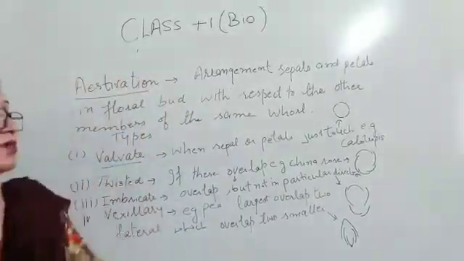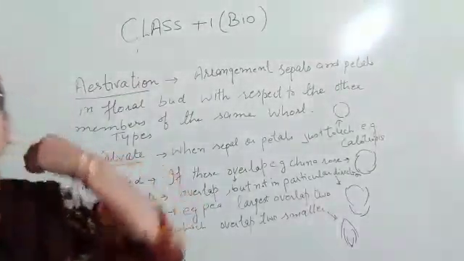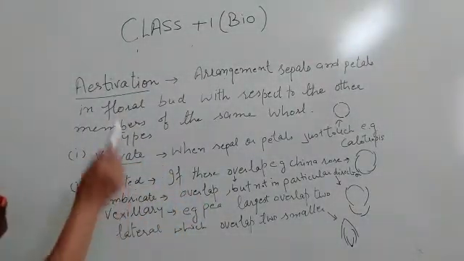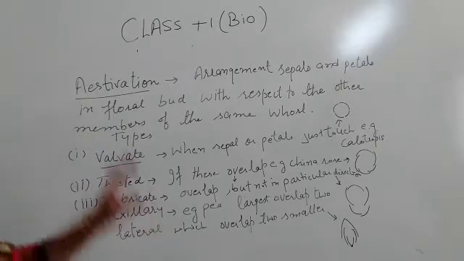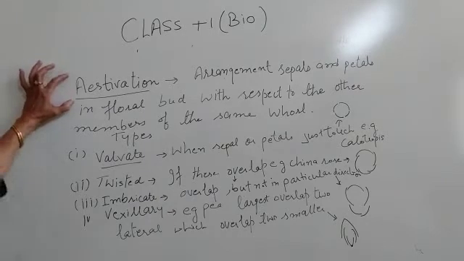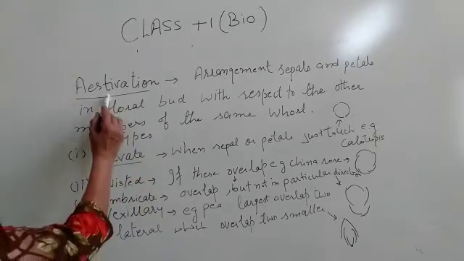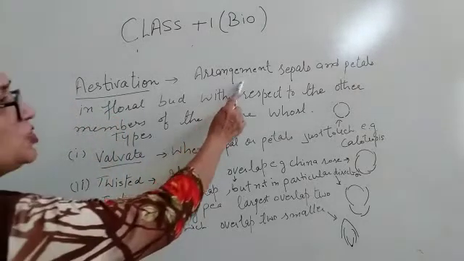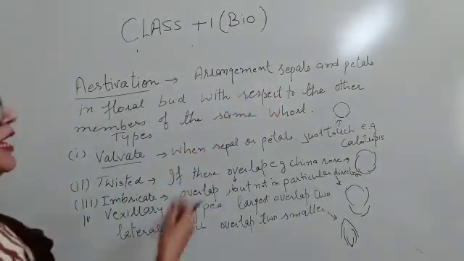Now the next term which is used during the flower explanation is aestivation. Clear? One more term used to explain the flower is aestivation. And what is this aestivation? What is the meaning of this word? It means arrangement of sepals and petals.